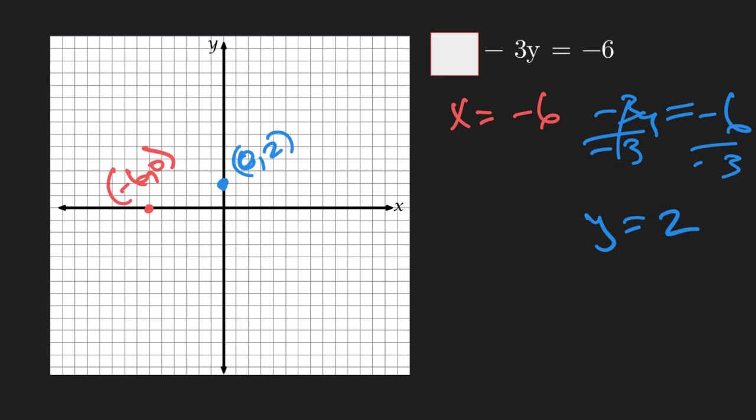Y-intercept is at +2. So that is the 0, 2 if I describe that using an ordered pair. And then, of course, drop a line through there. Perfectly valid way to graph a line, okay?